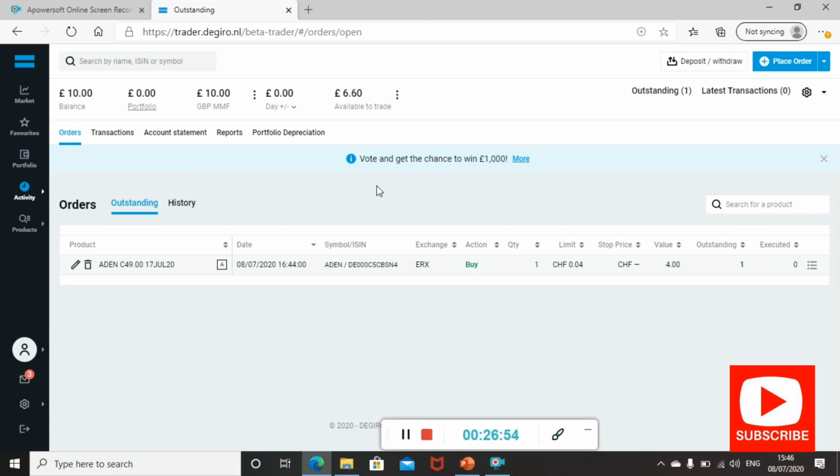I don't necessarily have to wait for that execution date. And remember, you never actually need to execute the contract. If it does expire out of the money, then I'll only lose the premium that I've paid for it. Whereas if the share price exceeds 49 and it moves in the money, then my upside is unlimited.